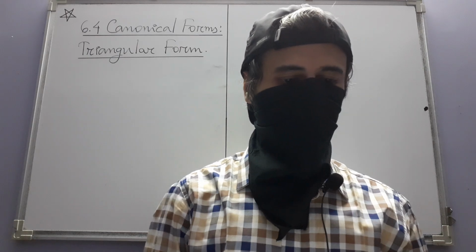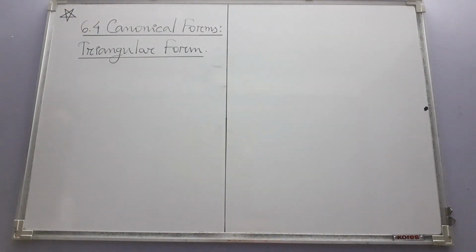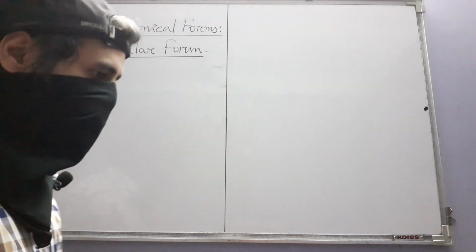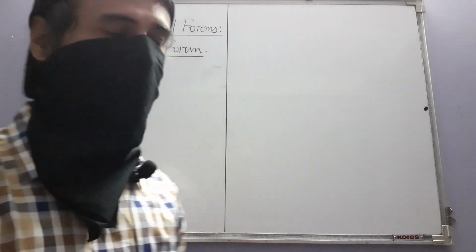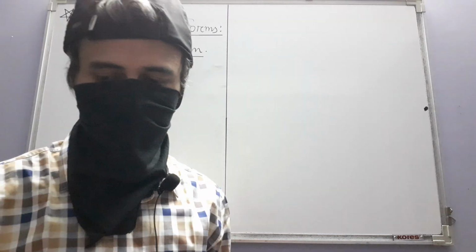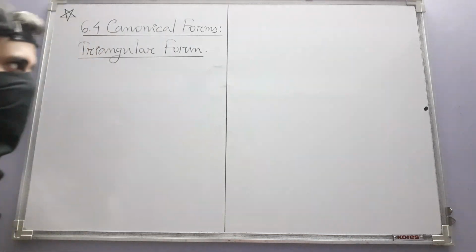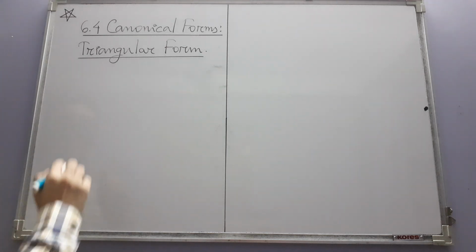So let's start next canonical forms, triangular form. There are a few canonical forms that we are going to consider in this text, and the triangular form is the first one of them. So let us start our discussion by considering an n-dimensional vector space.